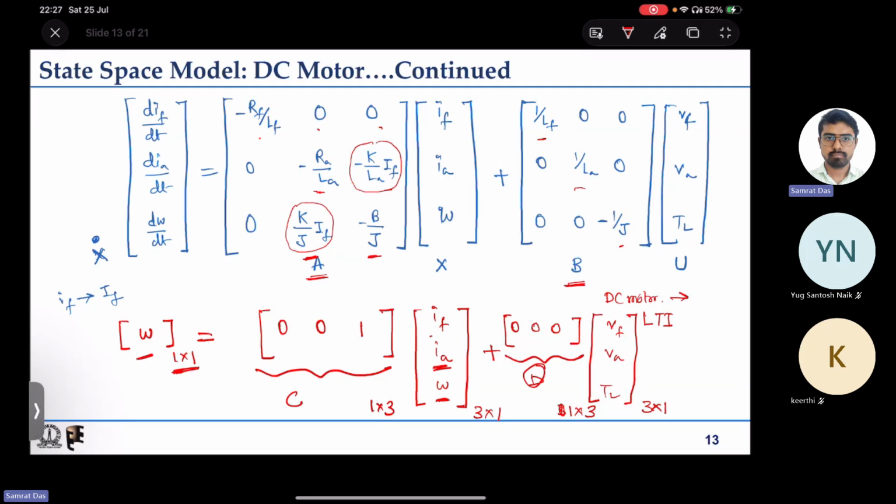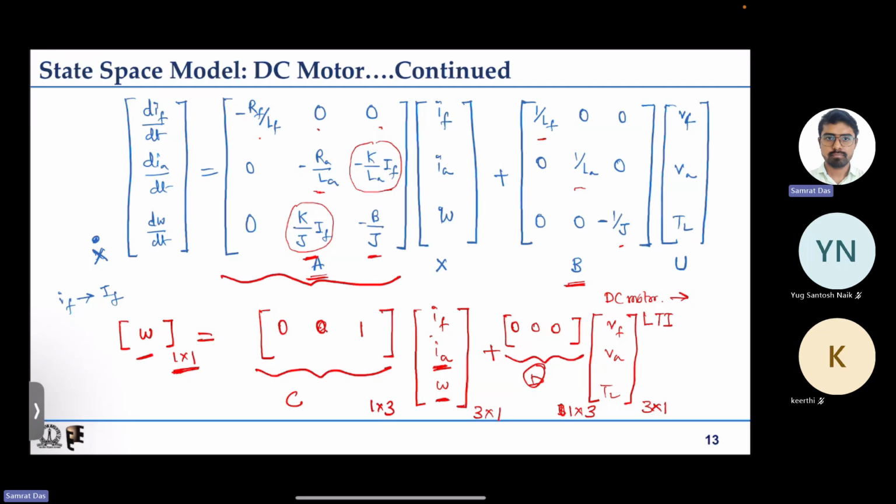So obviously it could be taken as one of the outputs also, and nothing much would change, only there will be another element in the output matrix, and one of these entries will be 1, that's all.